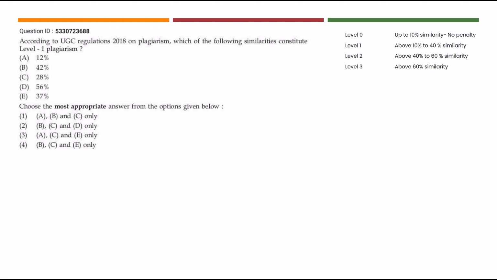Level 1 is above 10% to 40% similarity. So in the 10 to 40 range, we have A, we have 28 and we have 37. B and D are not there because they are above 40. Option number 3, A, C and E only will be the right answer. Level 2 is above 40% to 60% similarity. Level 3 is above 60% similarity.